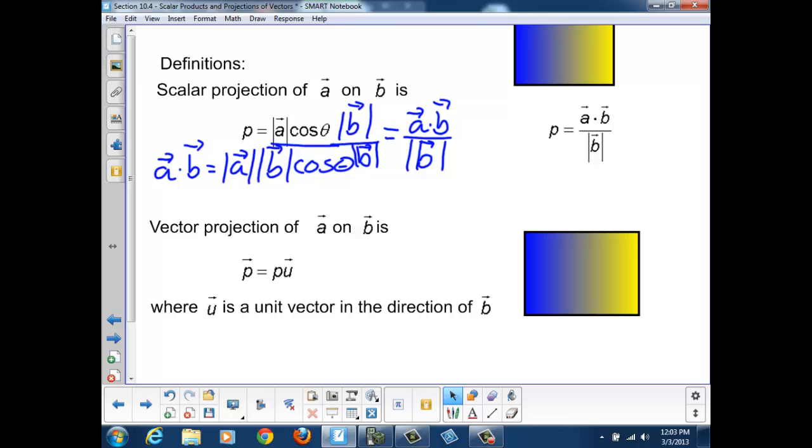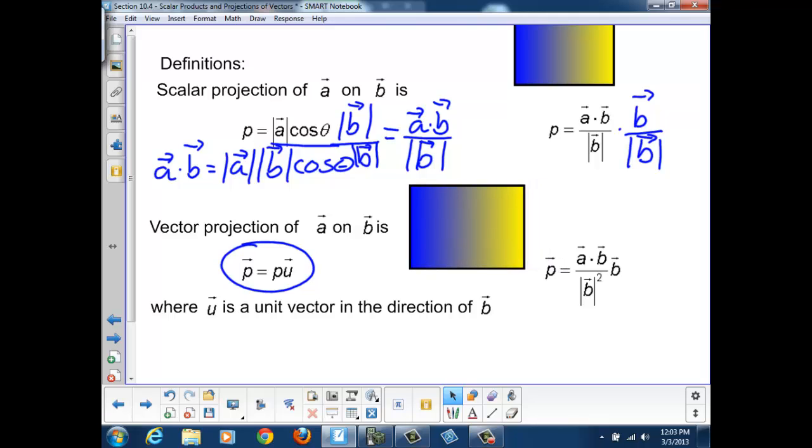If I recognize that I take that scalar projection and multiply it by the appropriate unit vector to get my vector projection, well then I can take this formula here with the dot product and multiply by the unit vector in the direction of B, which, if we simplify, you can see turns out to look just like this. The dot product over the magnitude of B squared times the B vector.